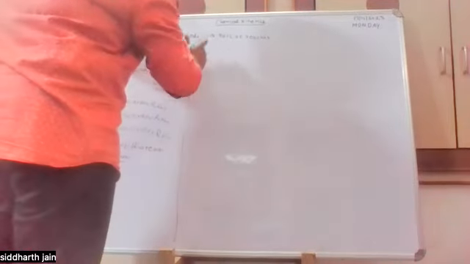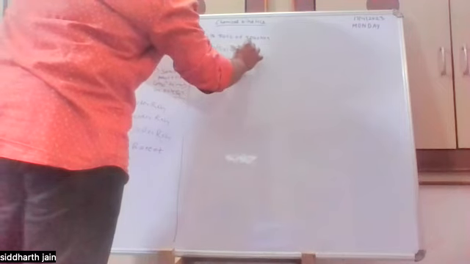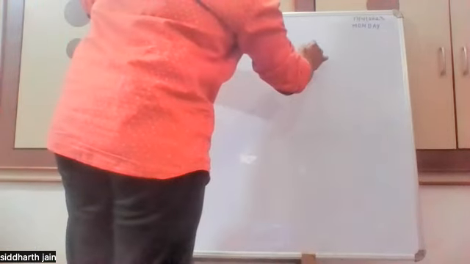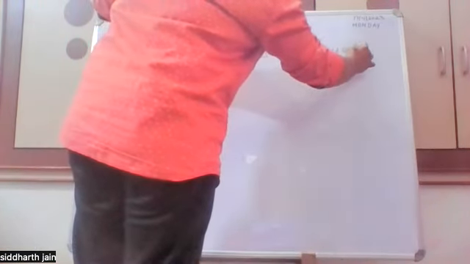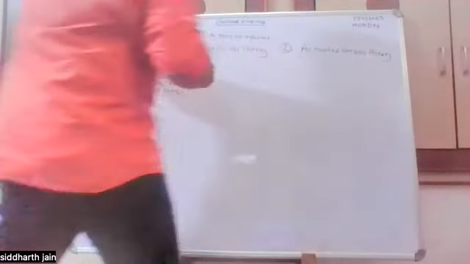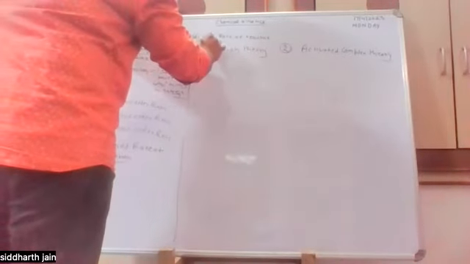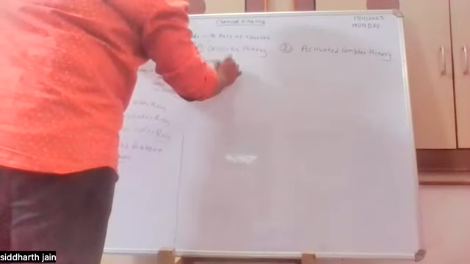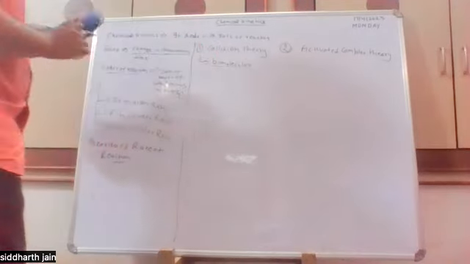First one is collision theory, and second one is activated complex. Both these theories are given for bimolecular reactions only. They are not for the unimolecular reaction. So this is one important point about these theories.